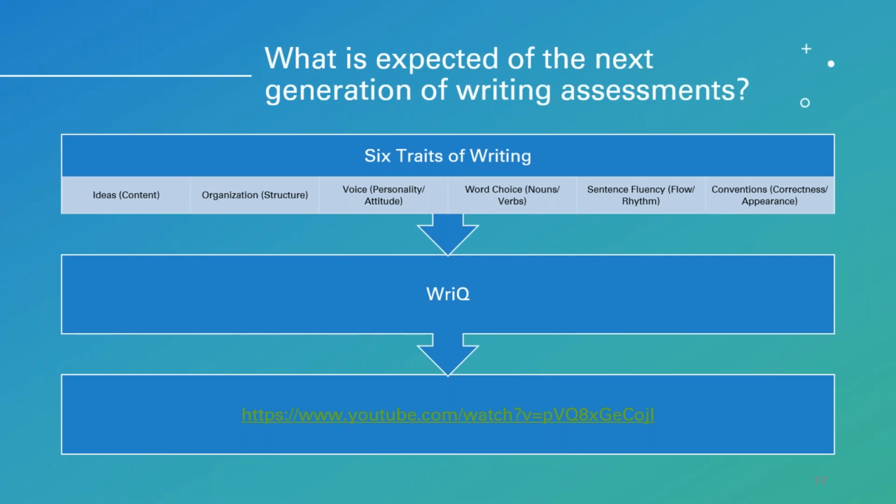With WriQ, there's a 2-minute video that we won't have time to watch today, unfortunately, but it demonstrates how we can make writing assessments more manageable for the classroom teacher, because I'm sure we would all agree that assessing essays and student independent writing can be quite challenging.